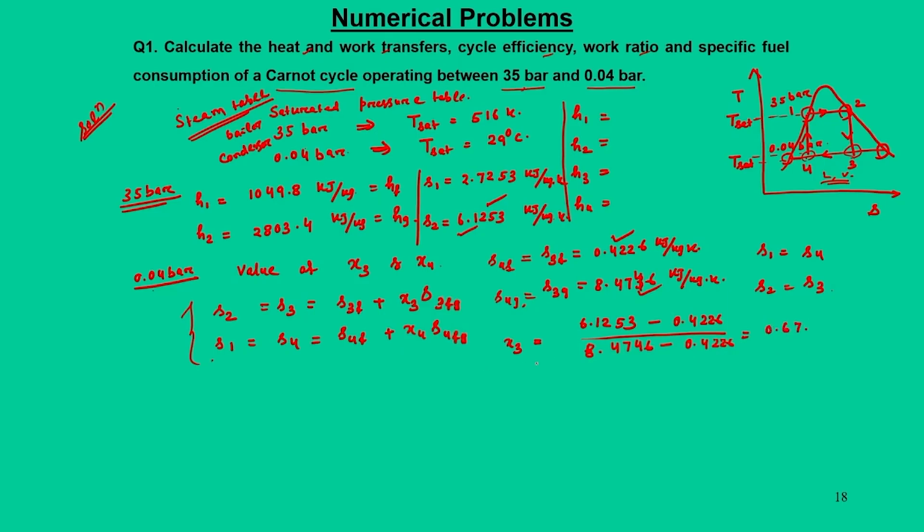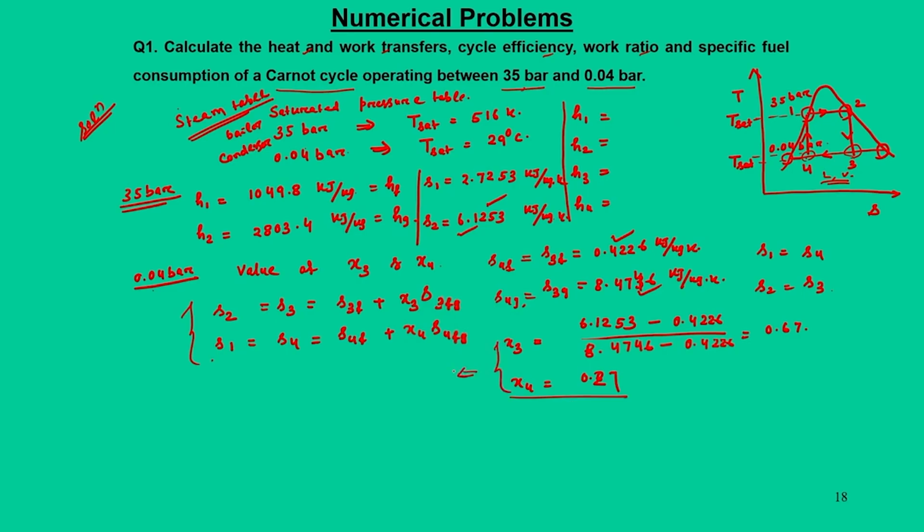Similarly, X4 can be evaluated from this entropy data, and this value is 0.27. So, at points 3 and 4 we find these dryness fractions.